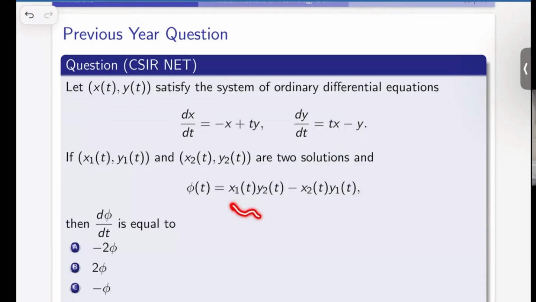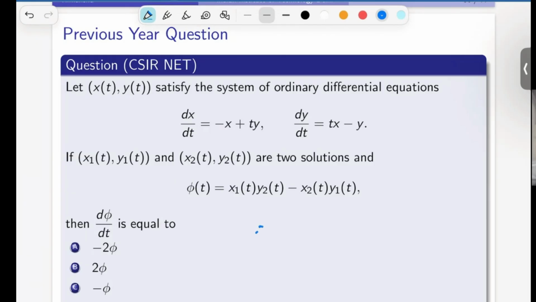Have you seen what kind of thing this is? It's kind of like the determinant. Yes, very good. This is the same as: if we have x1, x2, y1, y2, then the determinant is x1y2 - x2y1, right?